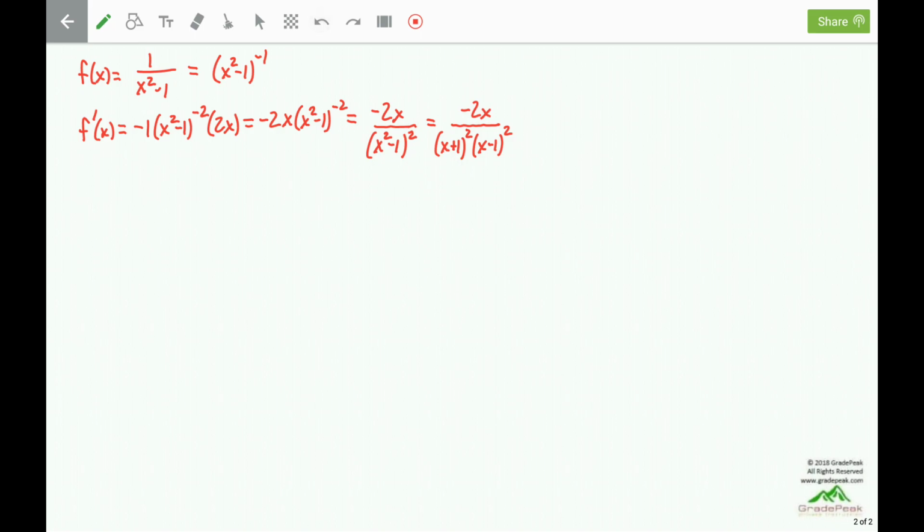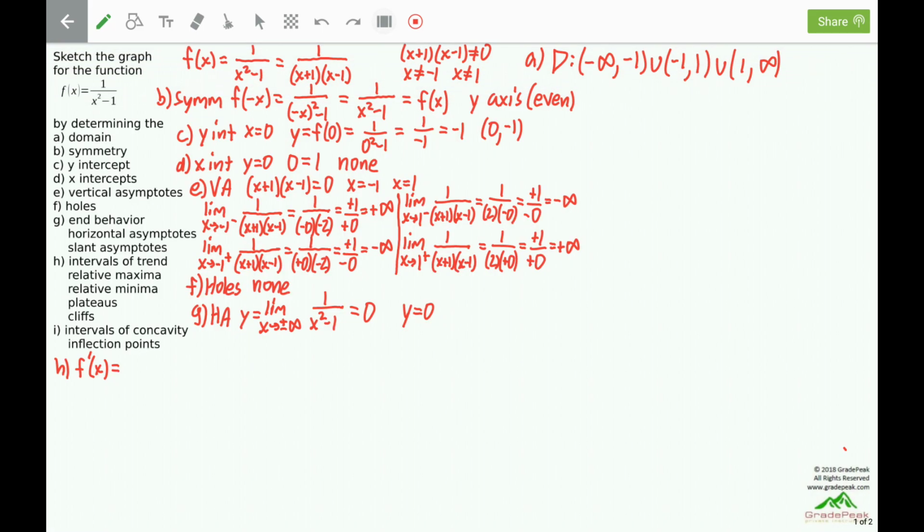There's the version of the first derivative we're going to want. So it was negative 2x divided by x plus 1 squared times x minus 1 squared.